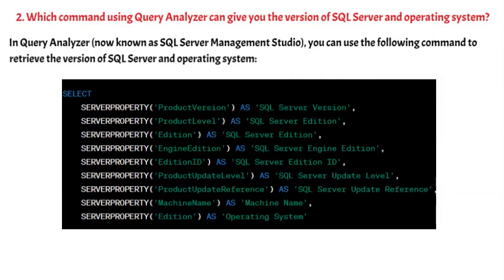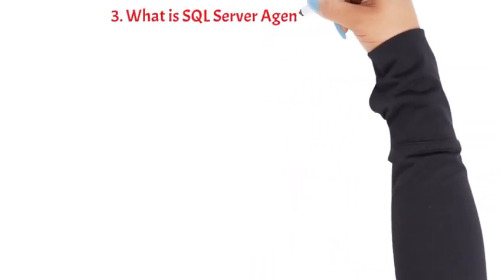This query utilizes the server property function to retrieve various properties of the SQL Server instance, including the version, edition, engine edition, edition ID, update level, update reference, machine name, and operating system. Executing this query will return the desired information in the result set, indicating the SQL Server version and operating system details.